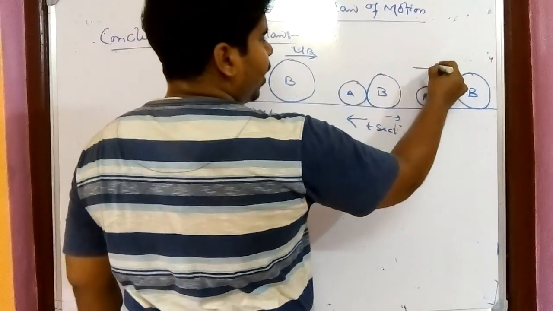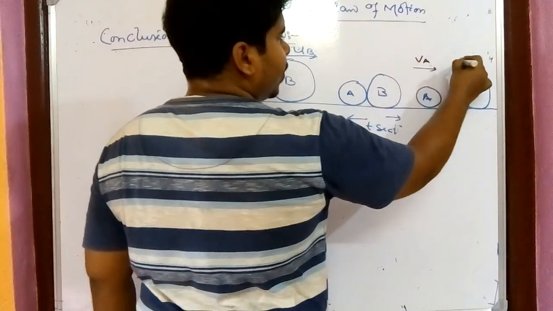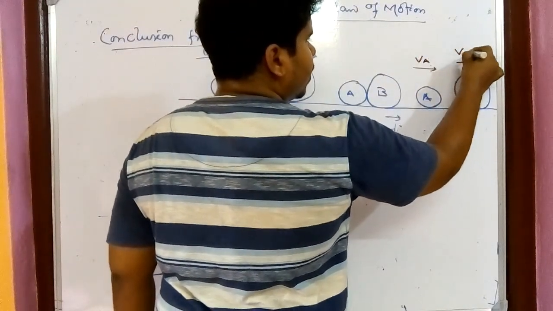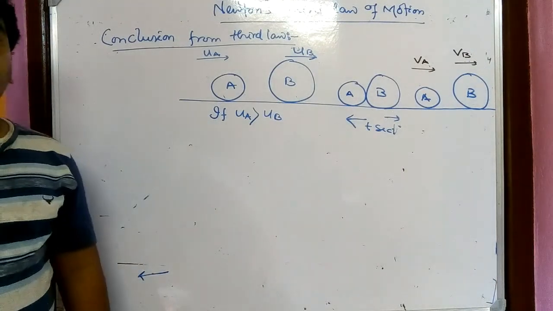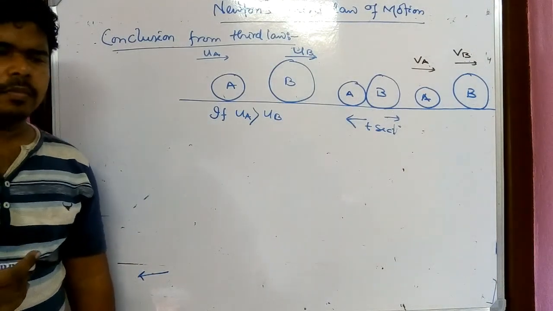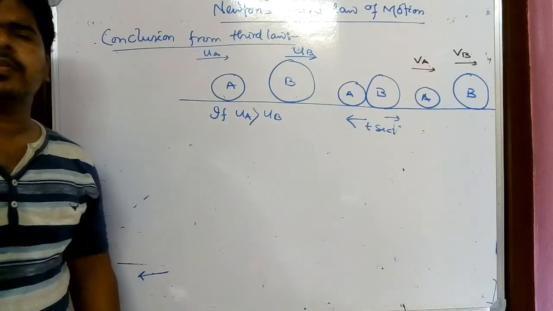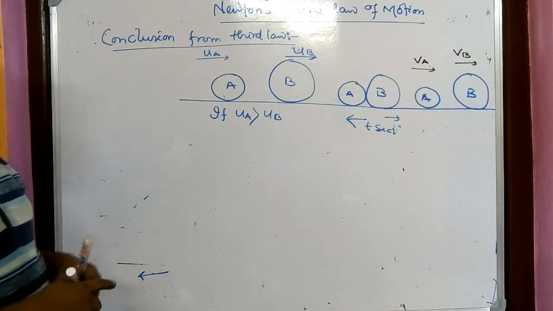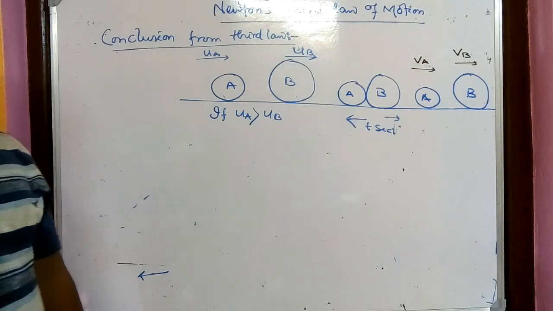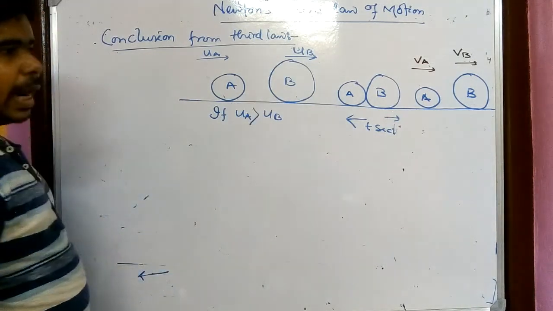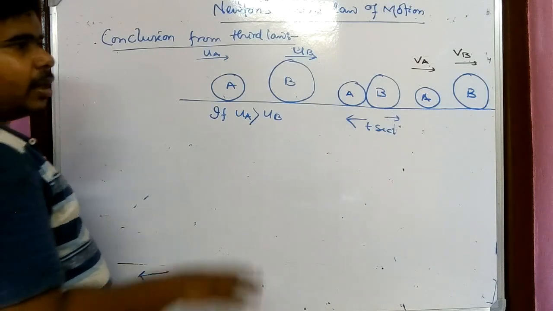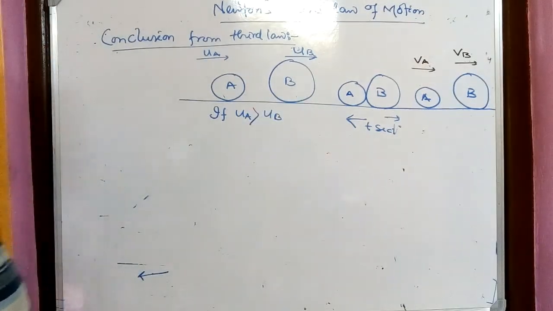The velocity of A is VA and the velocity of B is VB. You can assume this with billiards: one billiard ball collides with another, and after that they are moving with different velocities.